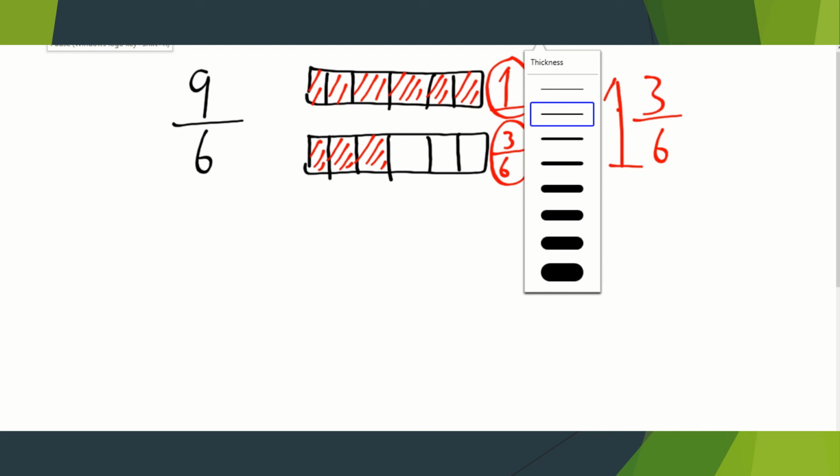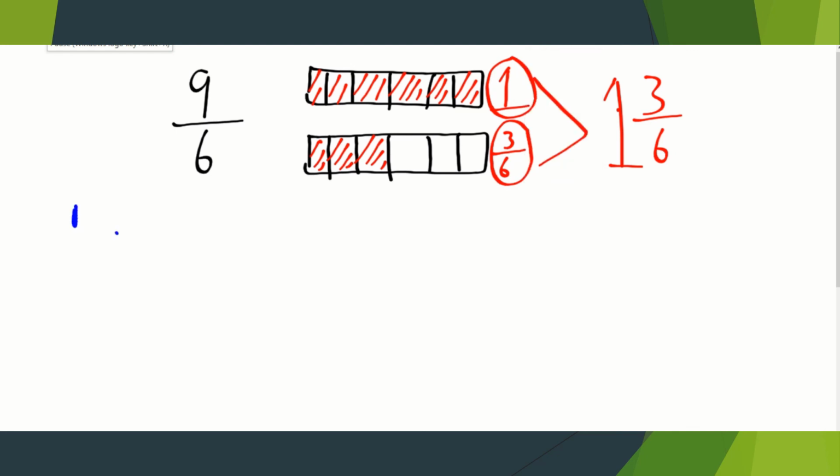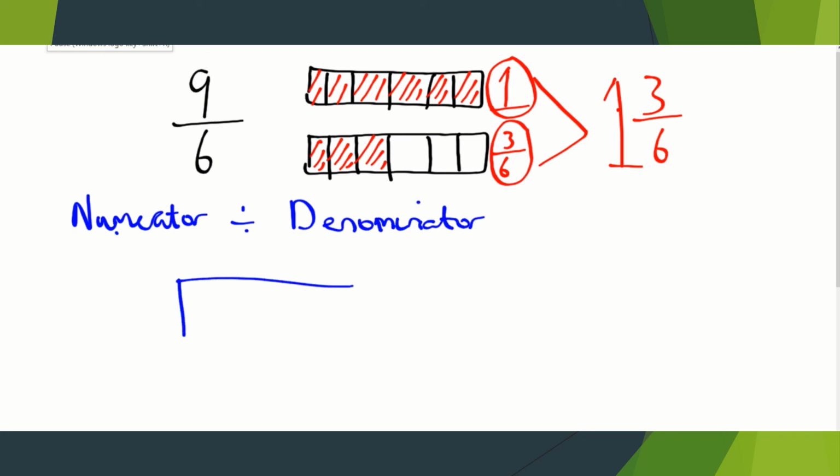Let's try it in that other method. So to remember, it was numerator. What was it divided by? Denominator. So what am I going to do? I'm going to make my bus stop. I'm going to put my numerator in the bus stop. 9 divided by 6.